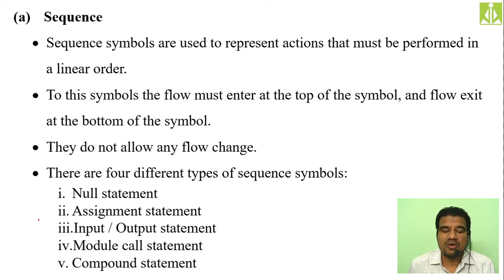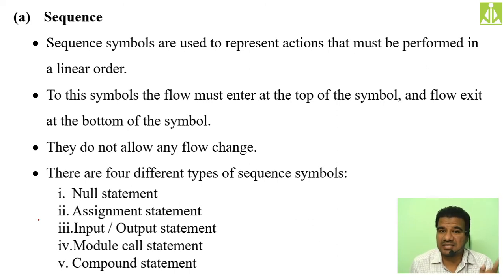So when we are talking about sequence symbols, all actions represented by these sequence symbols will be performed in a linear order. To these symbols, the flow must enter at the top of the symbol and exit at the bottom of the symbol. Only once the flow will enter into that symbol, and only once the flow will exit from that symbol.